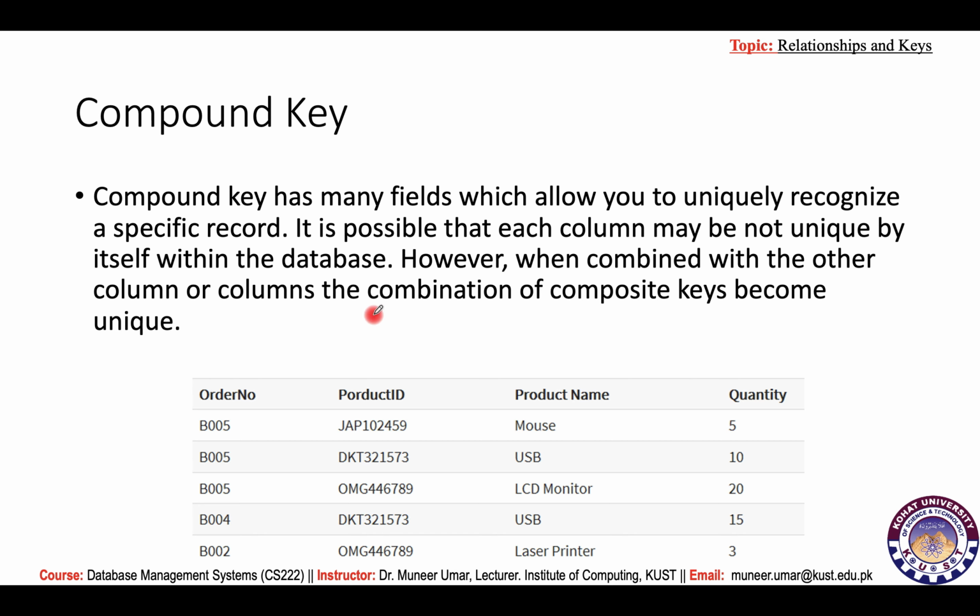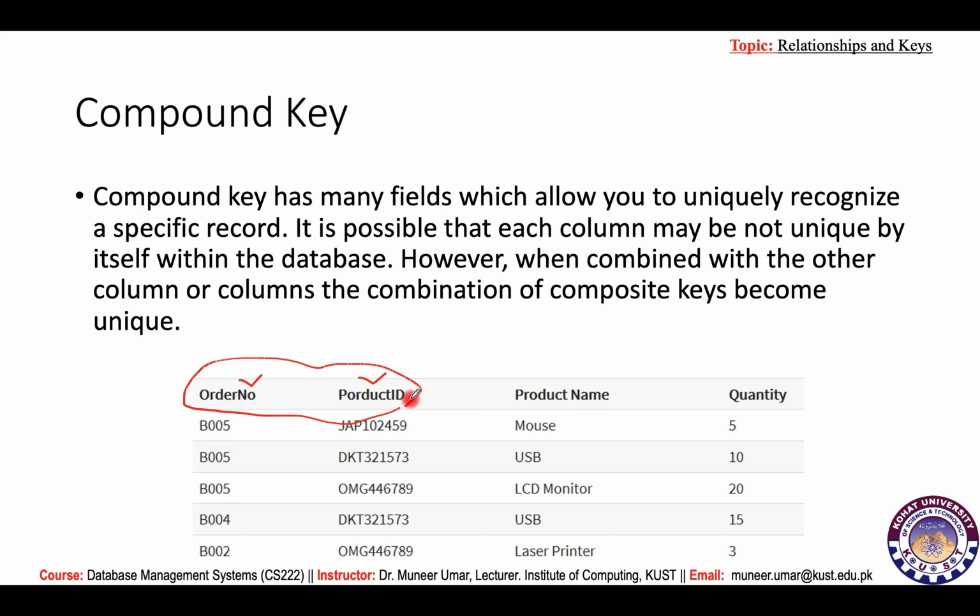Sometimes the attributes don't give uniqueness in the table, so what we do is combine attributes to get unique rows in the table. Now if we look into this table, the order number and product ID can be combined to get unique records.